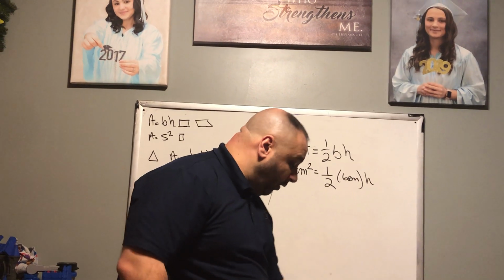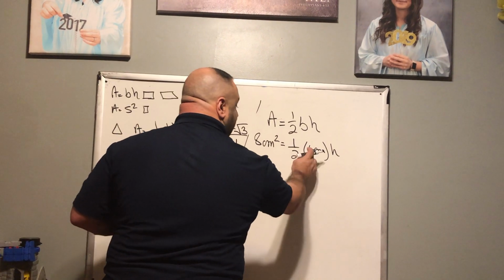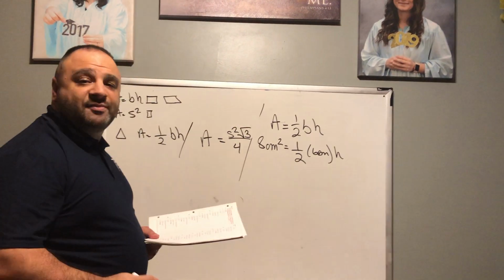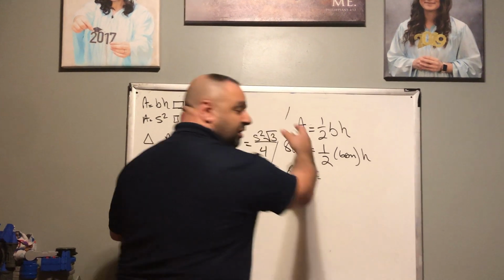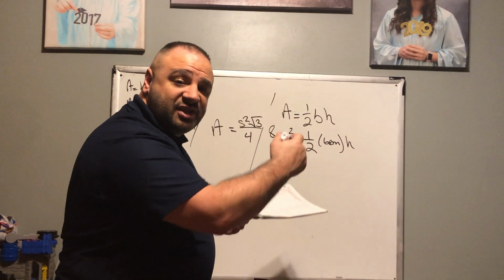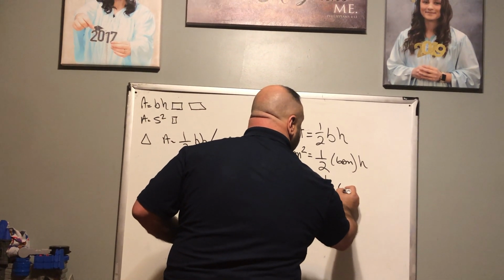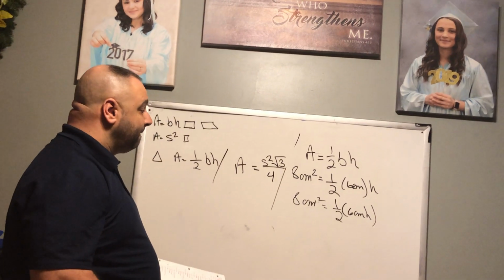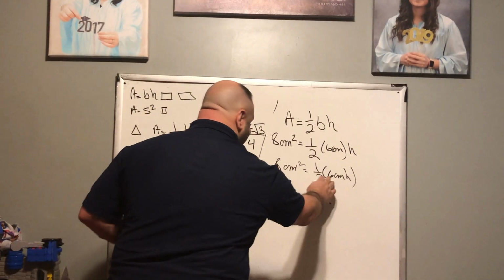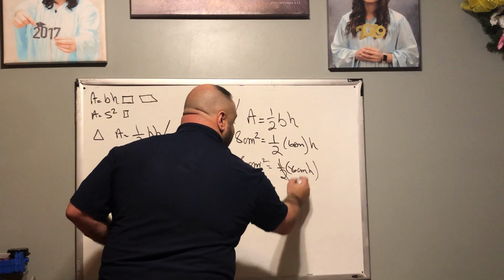So let's quickly multiply 6 times h. I'm going to do this a little longhand so everybody can see the steps as we go through. So 8 centimeters squared equals 1/2 times 6 centimeters h. Again, we want to simplify these parentheses here. So 8 centimeters squared equals 3.